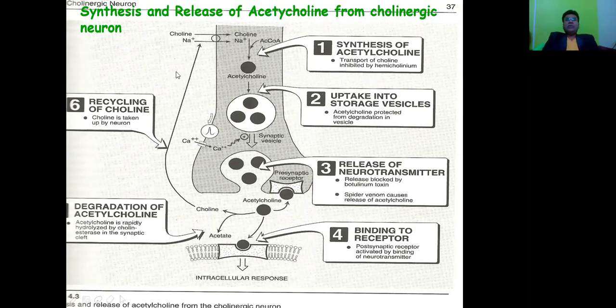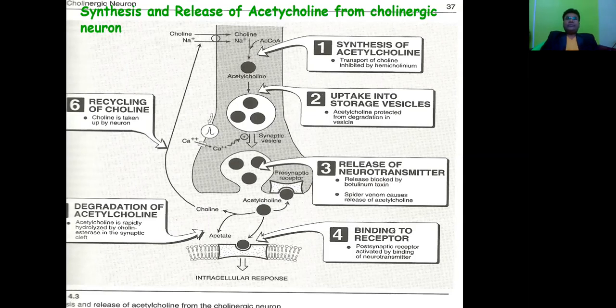This choline is recycled, taken up by the presynaptic neuron, and combined again with acetyl-CoA to form acetylcholine. This is how the synthesis and release of acetylcholine occurs at the neuron.